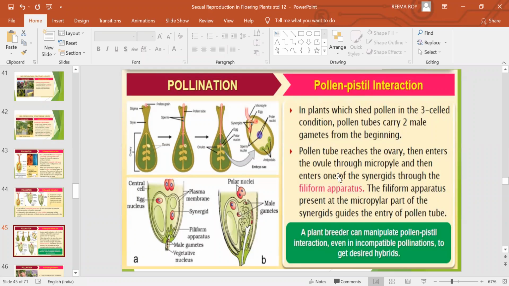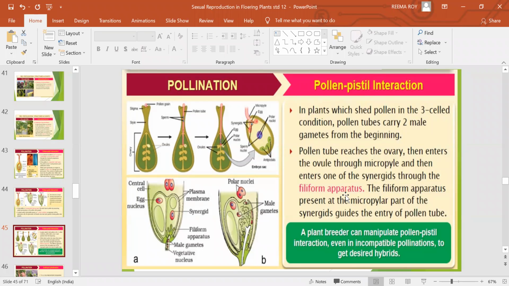Pollen tube reaches the ovary, then enters the ovule through where? Micropylar end, remember? उसमें एक gap रहता है. Through that only the male gametes enter. Micropylar end, chalazal end, remember? So micropyle से ही this pollen tube will reach the ovary, then enters the ovule through micropyle and then enters one of the synergids through the filiform apparatus.